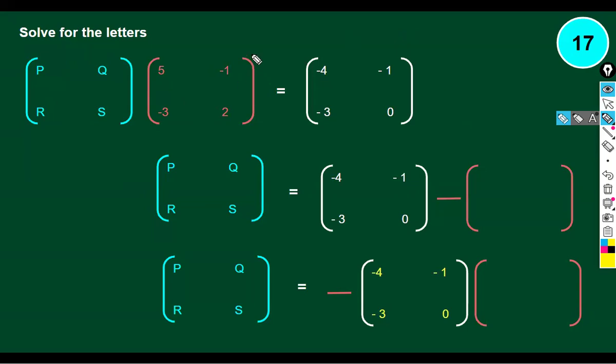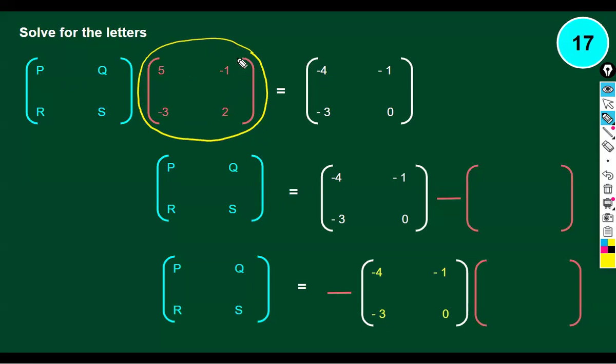So who do we need to throw across? We need to throw across these guys here, because who is not P, Q, R, and S? The red matrix. So we have to throw it across.